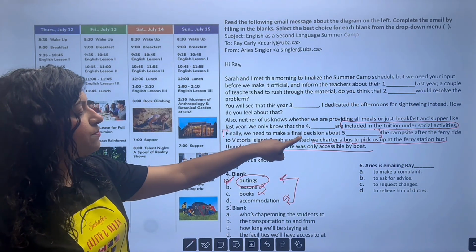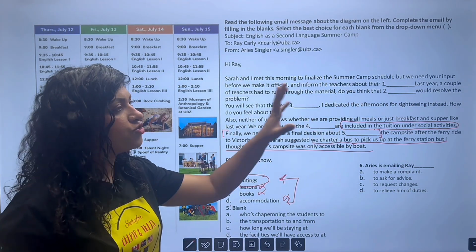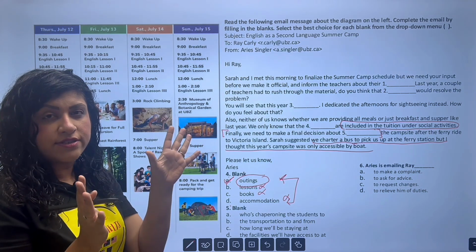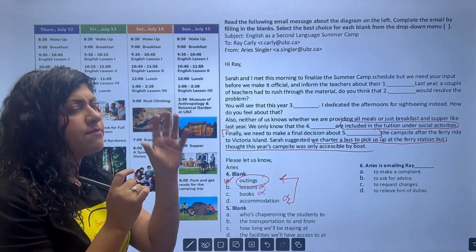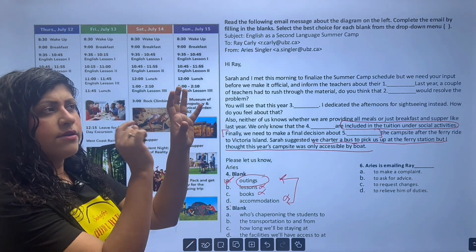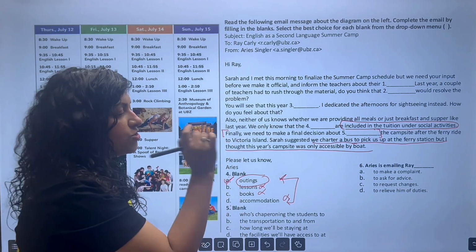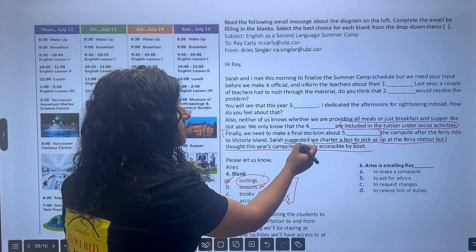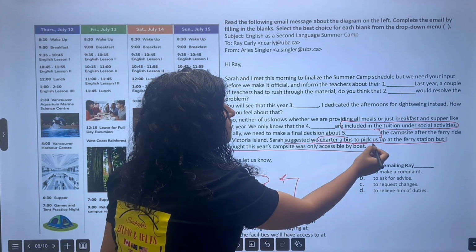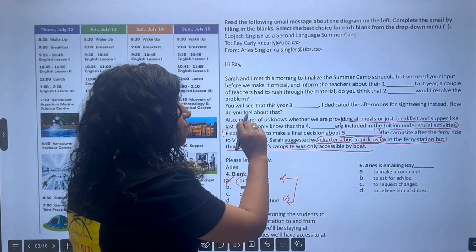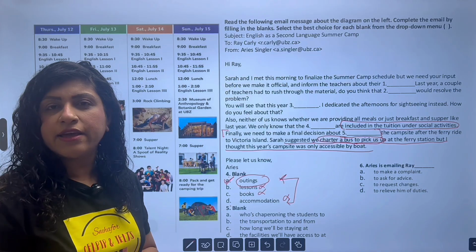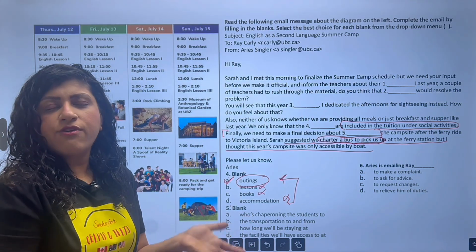Finally, we need to make a final decision about. So she's saying that they have still not decided about something. However, for this something, Sarah suggested this. So if Sarah is suggesting something about transportation, then the final decision they have to make is the transportation.